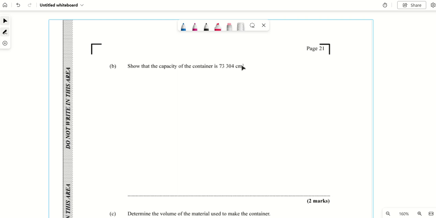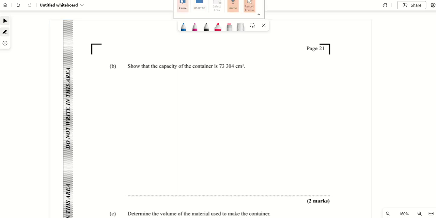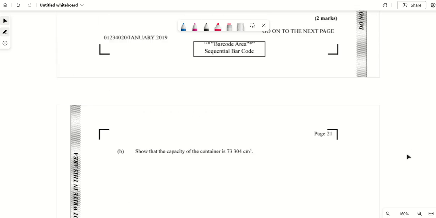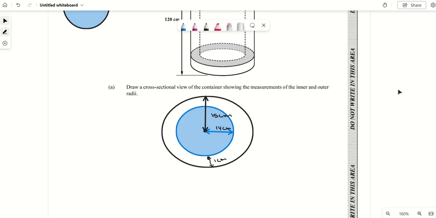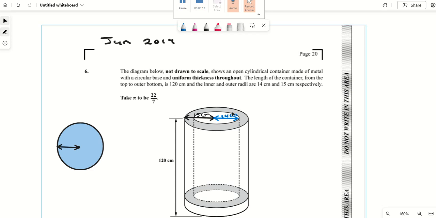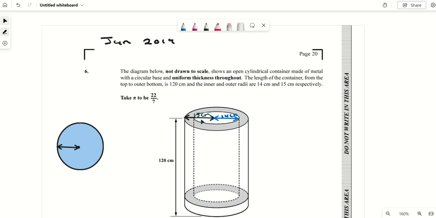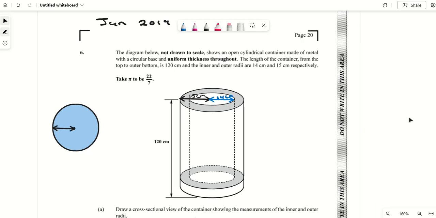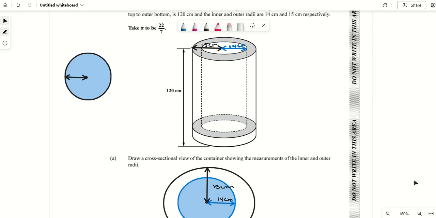Anytime you see a unit is centimeter or meter cubed, you immediately think it is volume. If we look at the cylinder, what we are finding the capacity for is the cylinder inside the outer cylinder. So we're finding the volume of that inner cylinder.